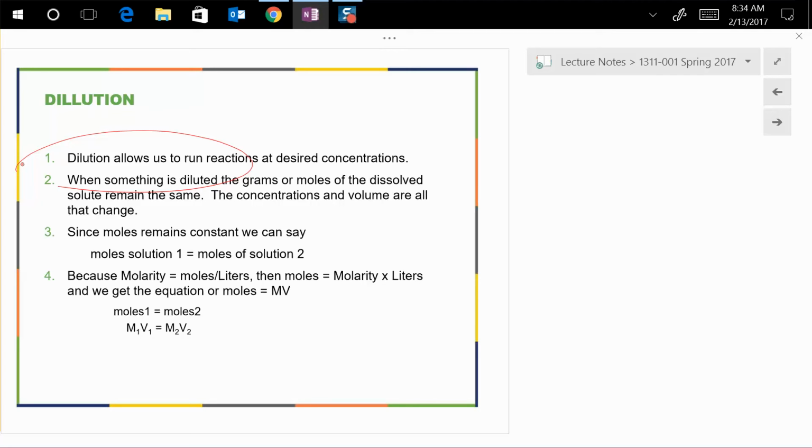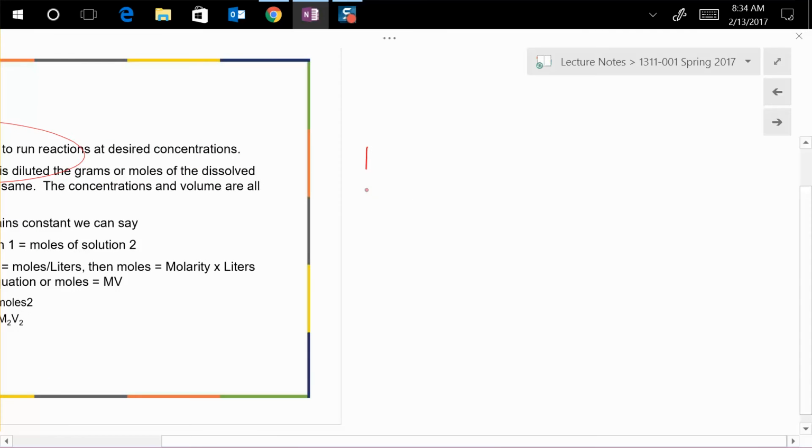So the reason this dilution equation that we're going to come up with works is because when you change the volume of something, the moles don't change. So let's say, for example, here I have 1, 2, 3, 4, 5 moles of something. Okay? I then dilute that thing.